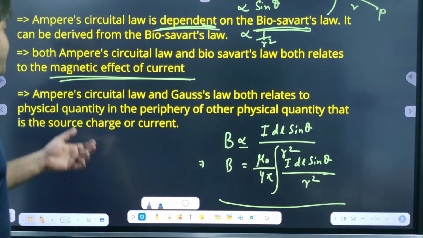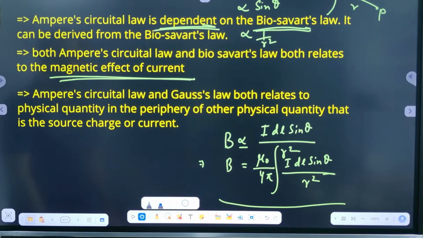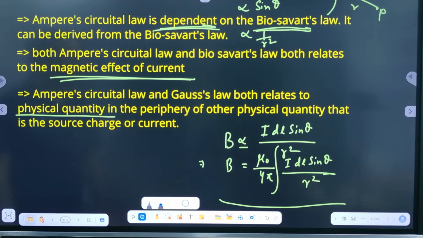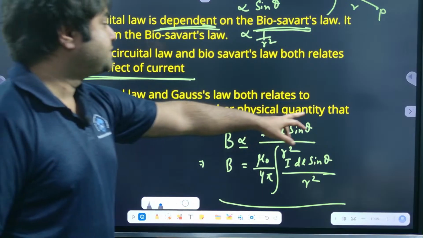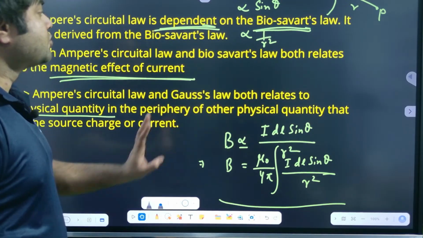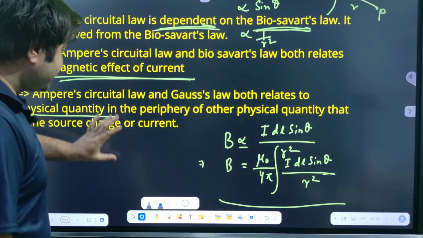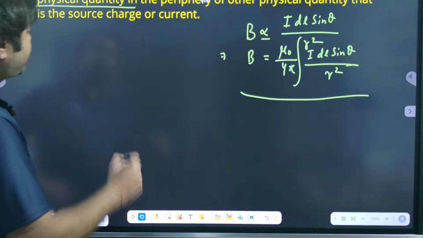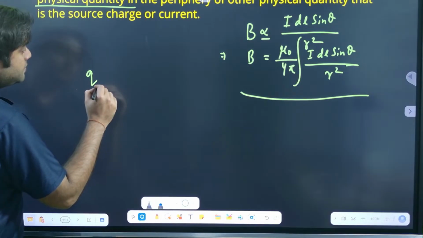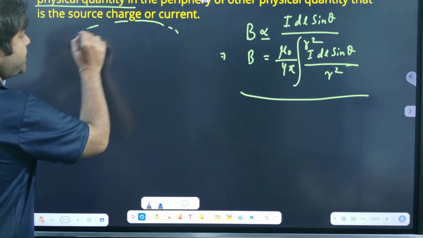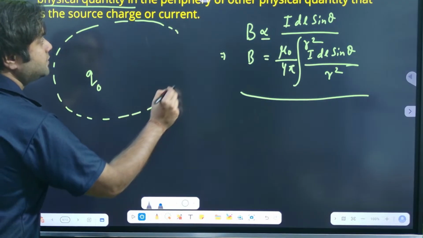Okay, Ampere Circuital Law and Gauss Law both relate to the physical quantity in the periphery of the other physical quantity, that is the source charge. Exactly. तुम जब Gauss law के लिए डिटरमाइन कर रहे थे, you are taking a source charge, and due to this source charge there was a creation of a field.